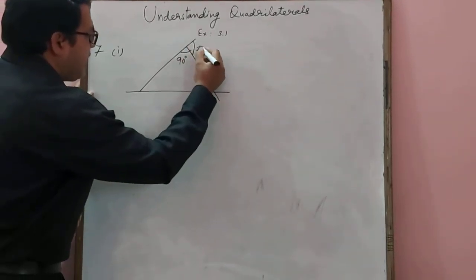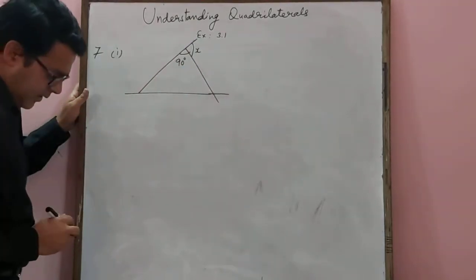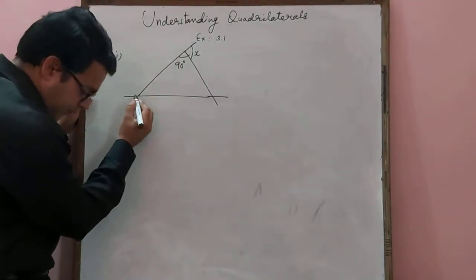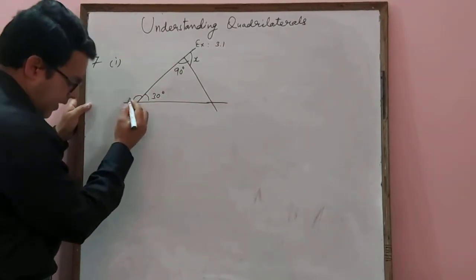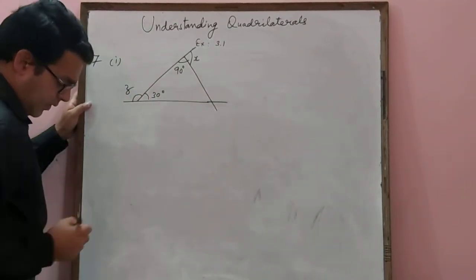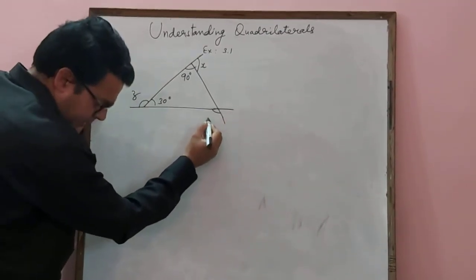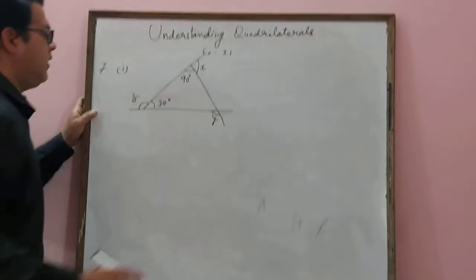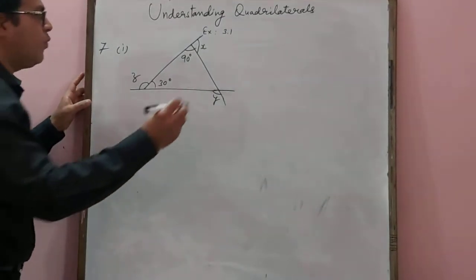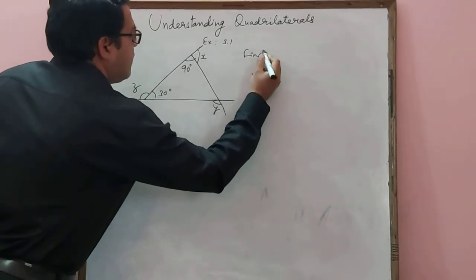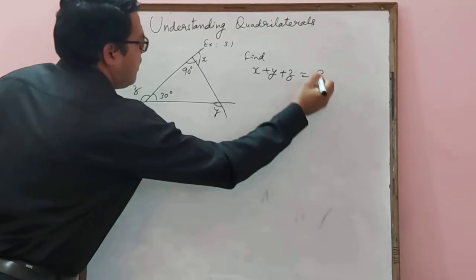The exterior angle at this point is x degrees. This is 30 degrees, the interior angle is 30 degrees, the exterior angle is z. And this exterior angle given is y. Now you have to find the value of x plus y plus z.